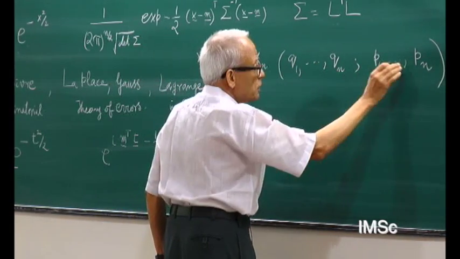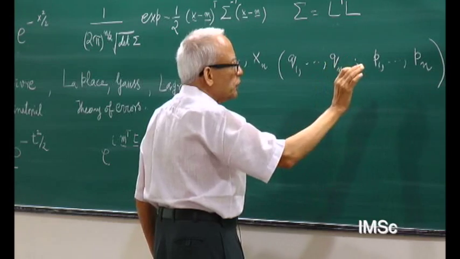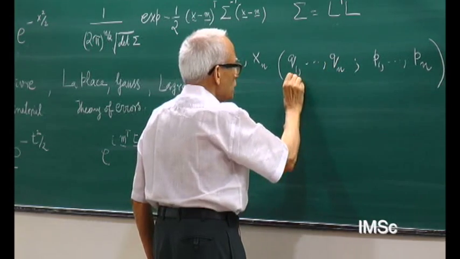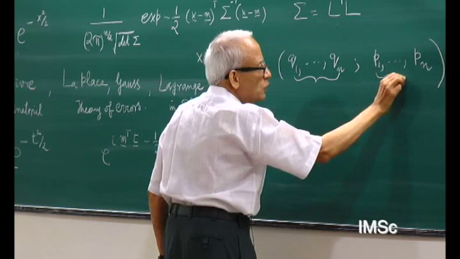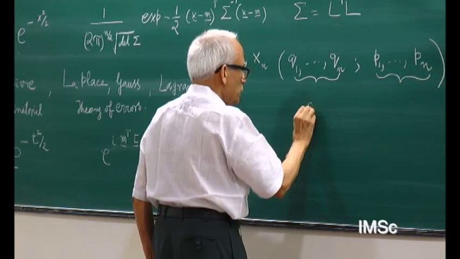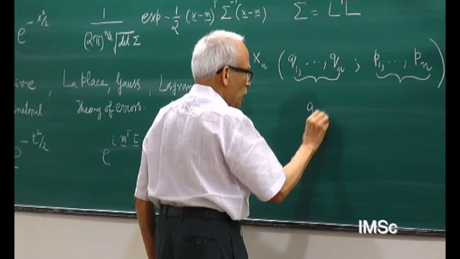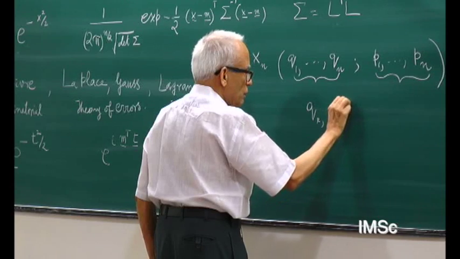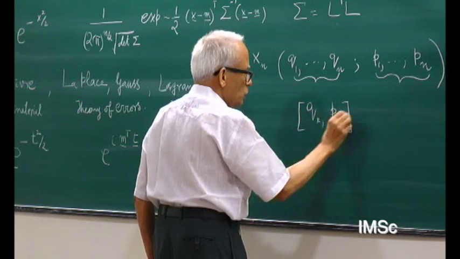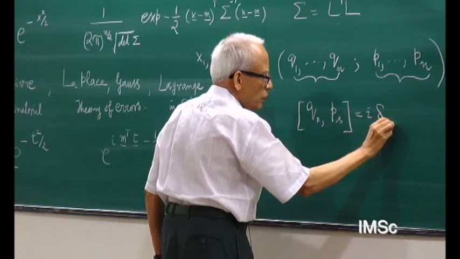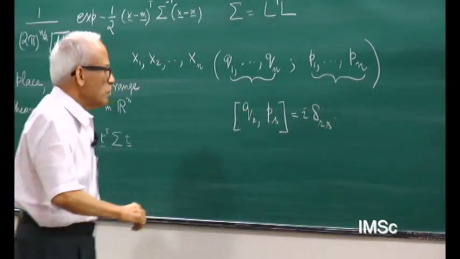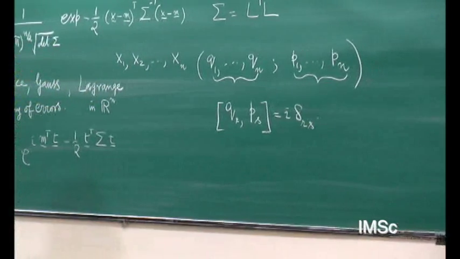Now, these are self-adjoint operators, but they do not commute. These self-adjoint operators commute, these also commute, but if you take Q_R and P_S, the commutator is equal to i delta RS, which gives the Heisenberg-Lie algebra.